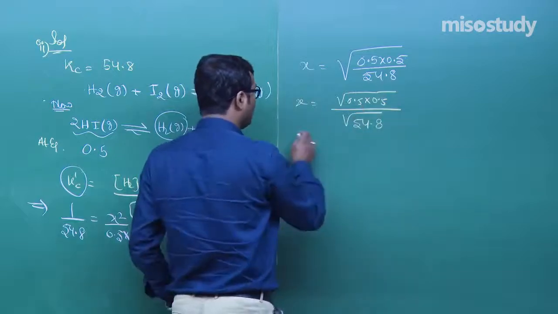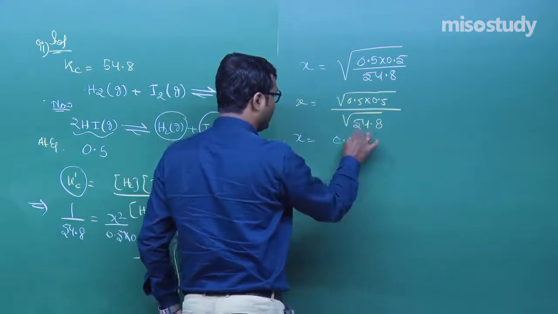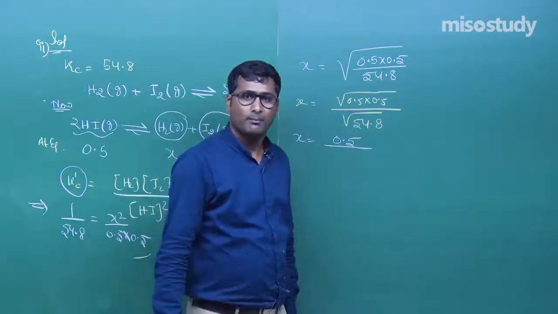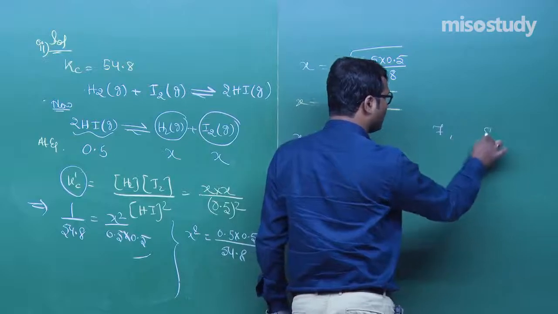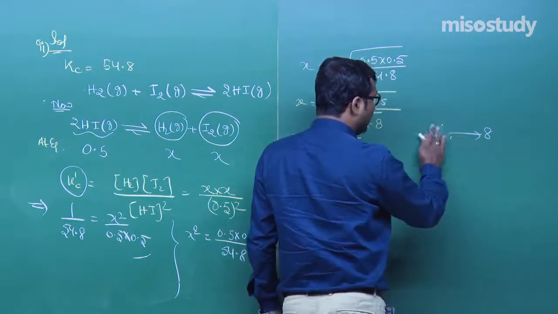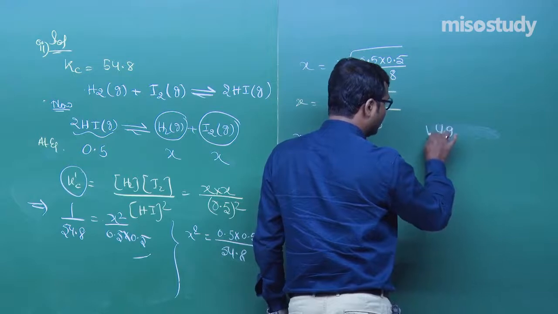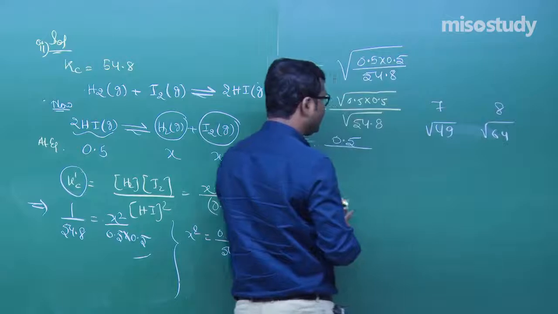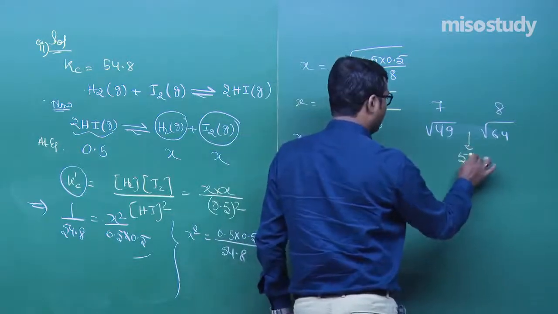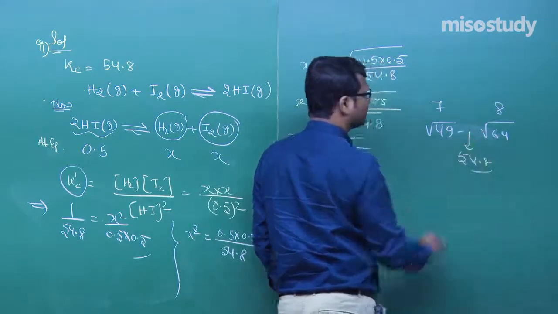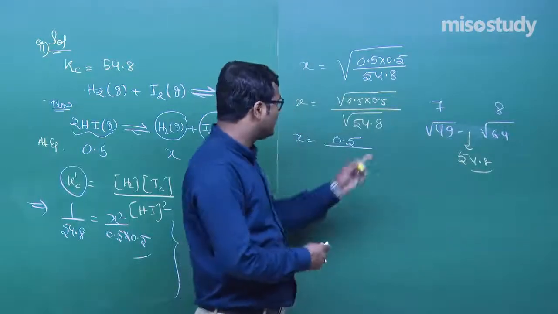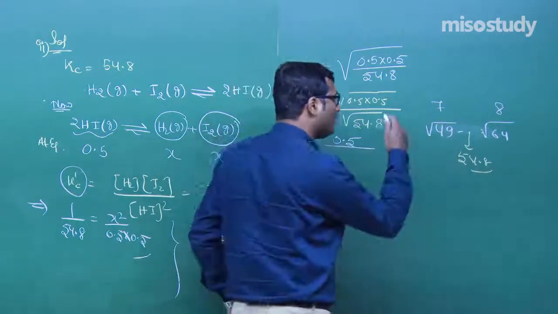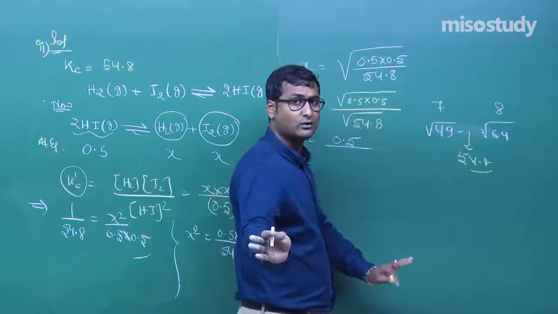Now we know the root of 0.5 into 0.5 is 0.5. Now here is 54.8, no exact root, but this value lies between 49 and 64, whose roots are 7 and 8. So the root value lies between 7 and 8. So we can conclude that the value may be an estimation, my friend, not a complete calculation.